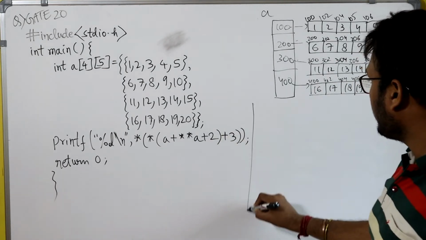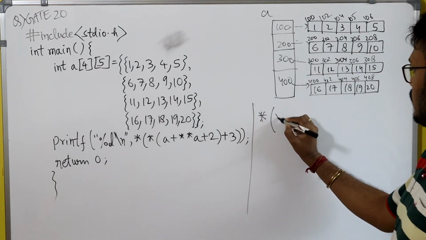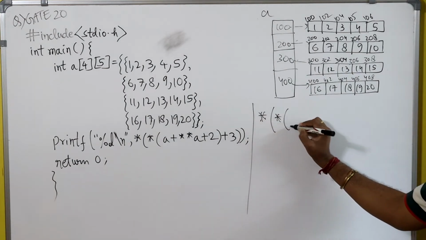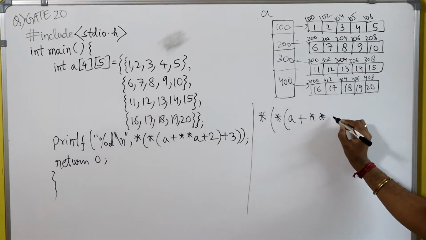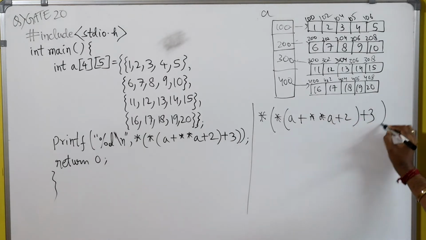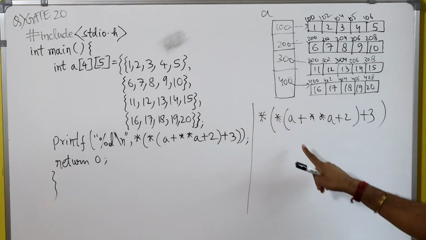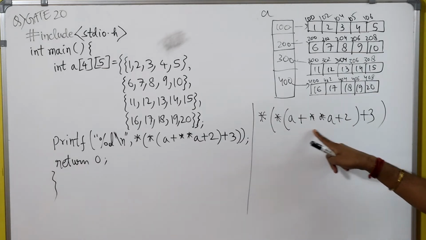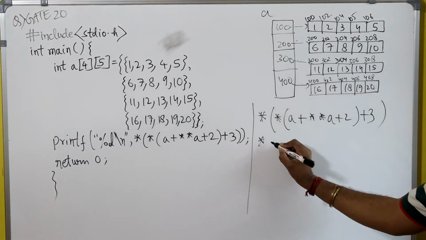Let me write it again here: star, then another star, then A plus star star A plus 2 plus 3. We will solve this bracket first.